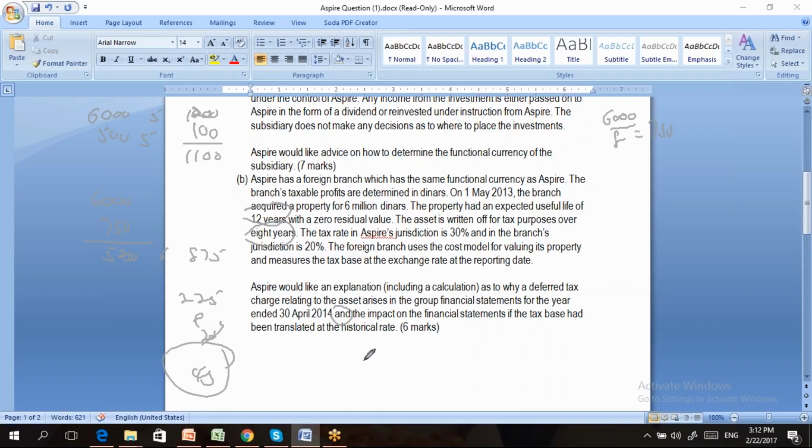We have 5,250,000. If it is taken at the rate of 5, it will appear at how much? 5,250,000 divided by 5 is 1.05 million. Originally it was 1 million 100 thousand. So there's a temporary difference of 50. At the rate of 20%, it will be 10.